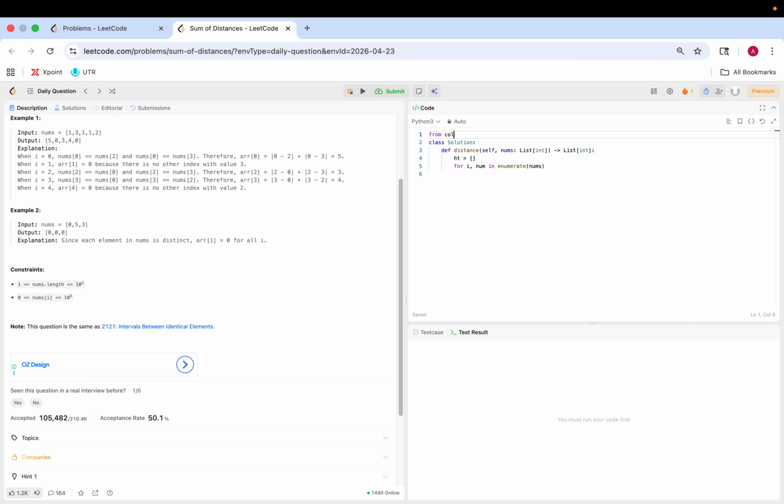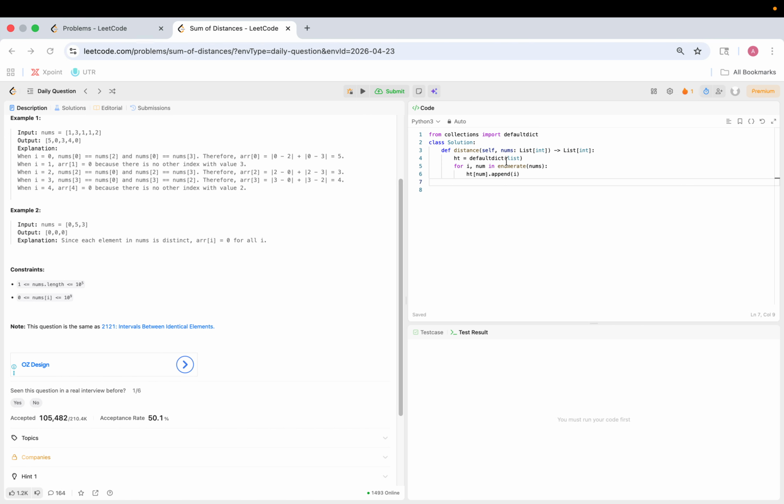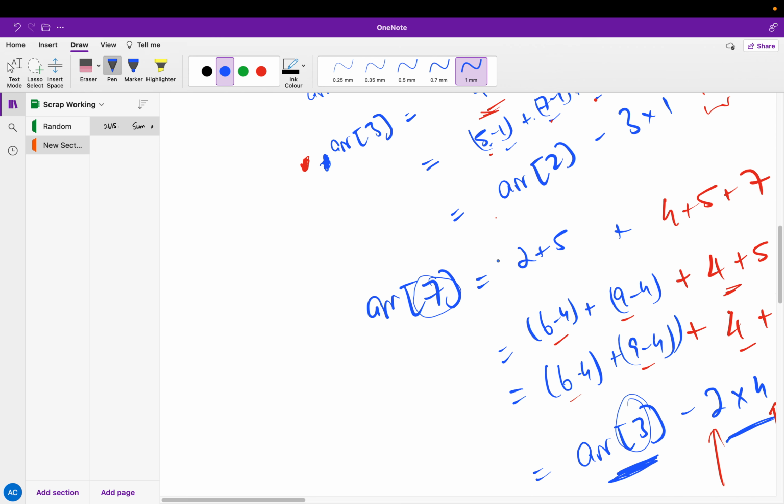From collections import defaultdict, equals defaultdict of list, I think. ht at num dot append i. So that will build the hash table that we're considering. And then we also want to make an array. We'll say 0 times the length of nums, so that will make an array of the same size. Then we can index that without any issues.